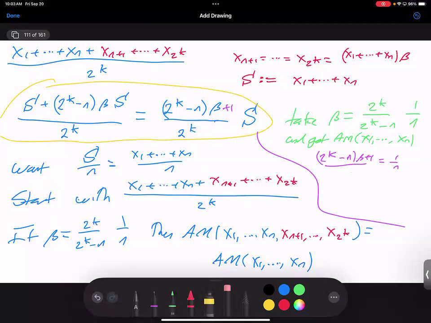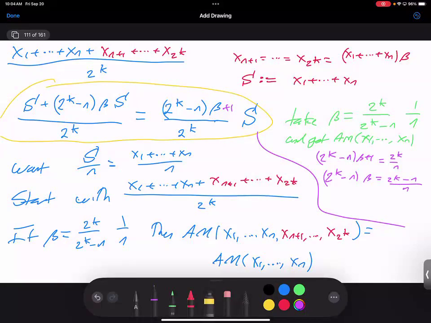All right, so I am at least able to erase over there, okay. And so I would now get 2^k over n. I now subtract 1 from both sides, so I would get (2^k - n) times beta equals 2^k over n minus 1. So that'll be (2^k - n) over n.